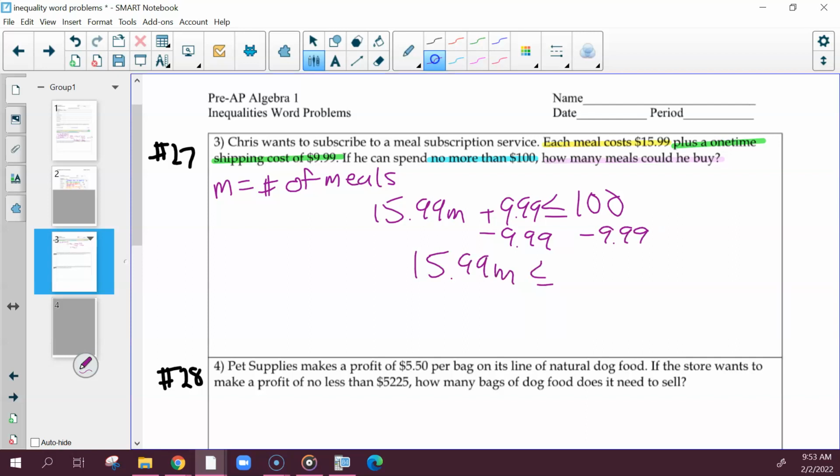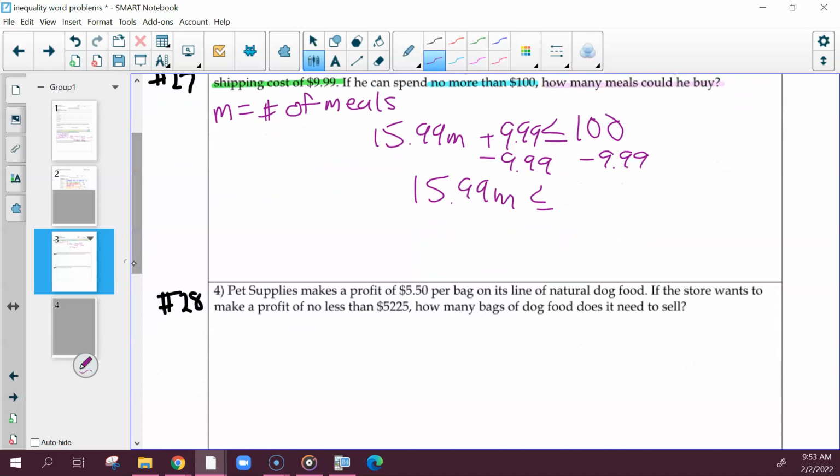That gives us what? 90.01. And divide. What do we get?